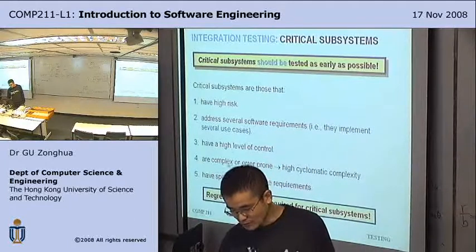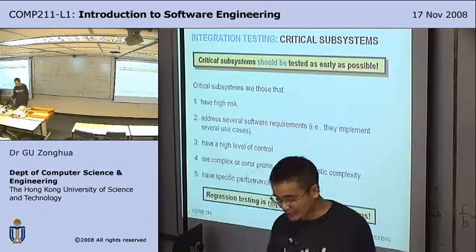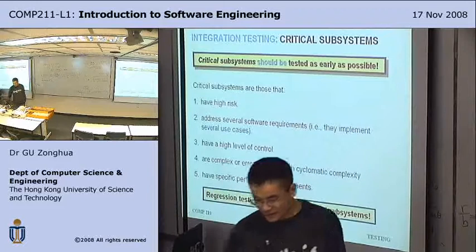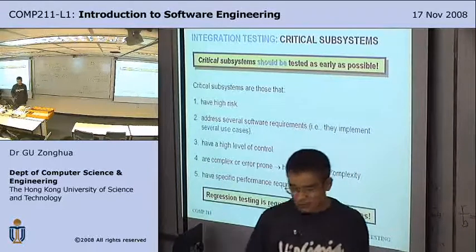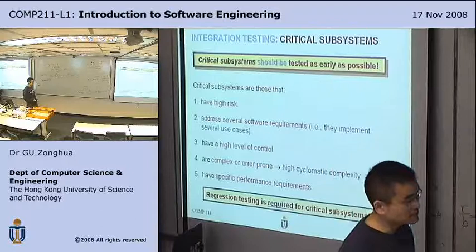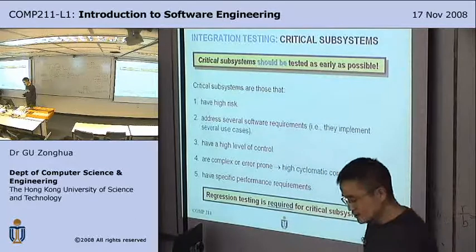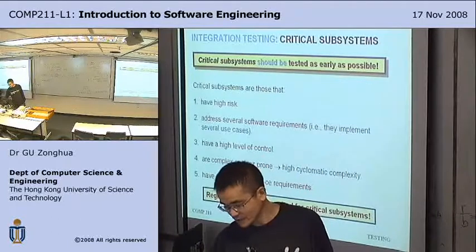Are complex or error prone, this is related to the high level of control, and have specific performance requirements, especially for real-time applications. Say for automotive or avionics applications, if your performance is not good, you may cause a crash of the system.